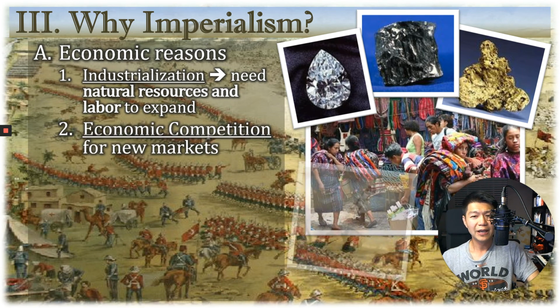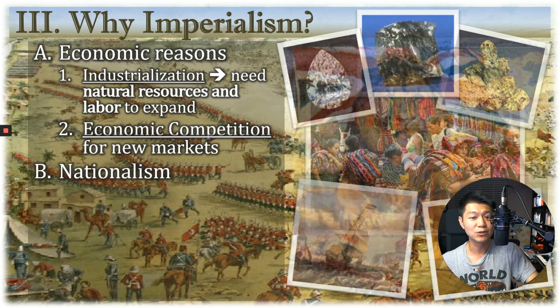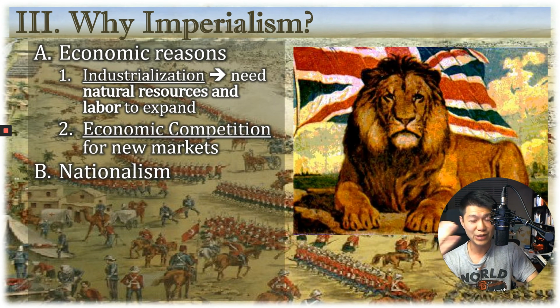And not only that, but when European states looked at places like India and China, they saw an immense population that is there to buy all the goods that they're producing. So in other words, they're there to create and generate new markets to sell to as well.